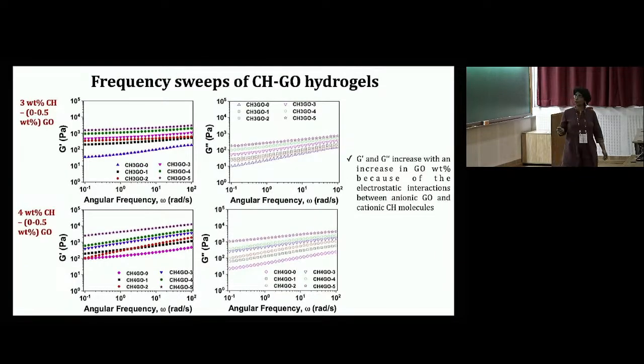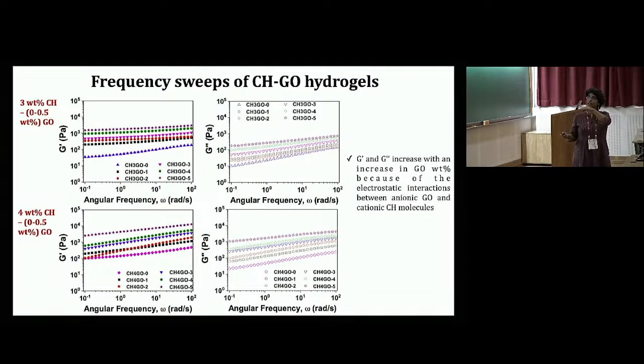Then we started to add the graphene oxide. The behavior of the graphs looks the same; I have plotted the G prime and G double prime separately. The G primes show a weak dependence on omega.